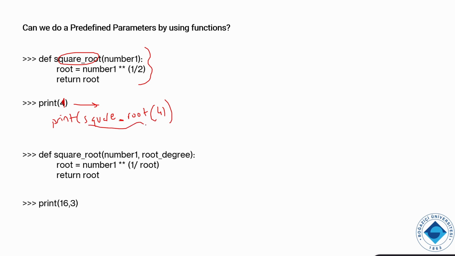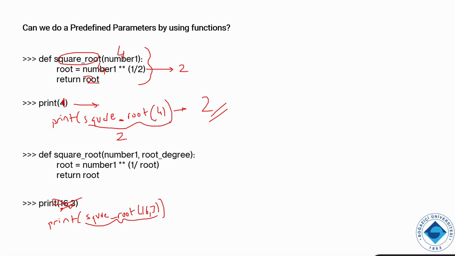Then it will go here as a 4. Number 1 is 4. 4 to the power of 1 divided by 2 will calculate the square root. It is 2 and it will return 2, right? So here it will print 2. And again, I can send to this function square underscore root 16 and 3.